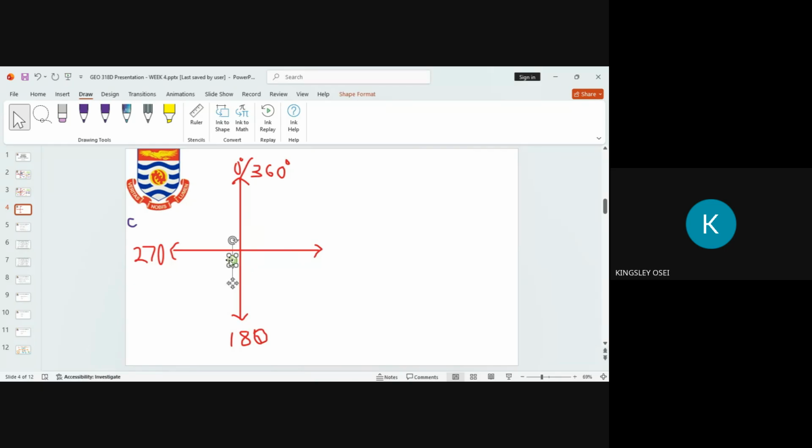Now you watch what happens to the reduced bearing. The name reduced is there because here we deal with quadrants. And in a quadrant, you cannot measure an angle more than 90 degrees.